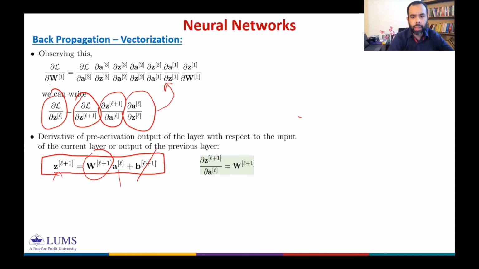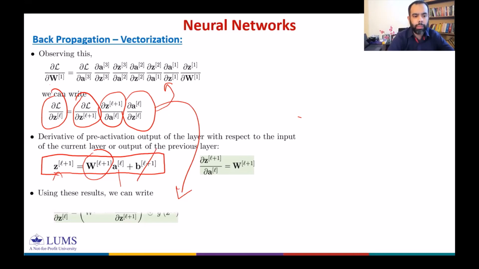So if I use these results, this equation can be equivalently formulated in this form. The derivative of the loss function with respect to Z^L would be equal to W^(L+1) times the partial derivative of the loss with respect to Z^(L+1).